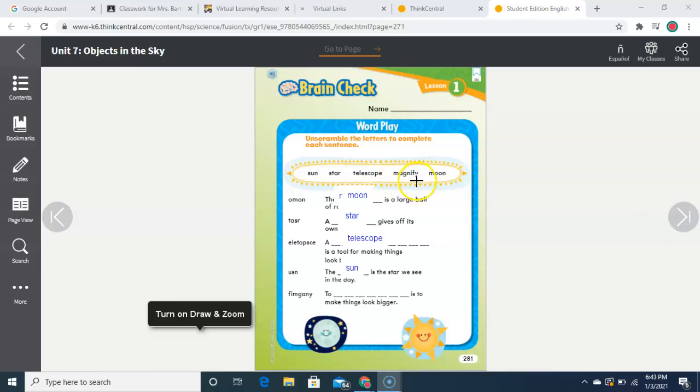And that's that word, magnify. So if I unscramble that, it would say magnify. Alright, here we go. Then you're all finished with science.